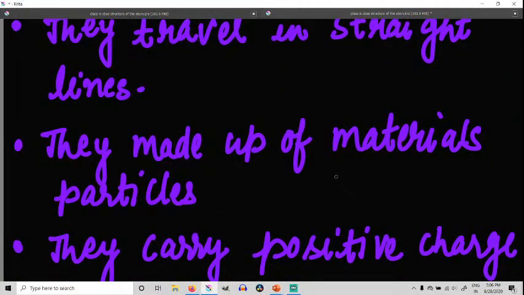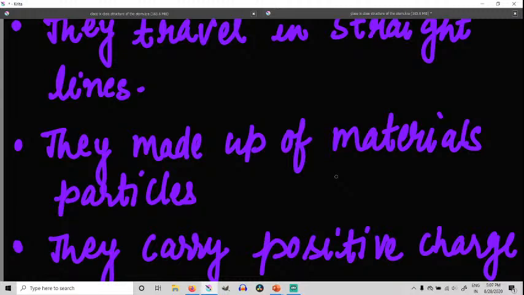Material particles. Just now ma'am, actually you said in between that they will move towards the positive plate. Maybe in the flow I must have said that, but now you should know, because we are discussing positive and negative plates, that they show deflection towards the negative plate, because the rays are coming from the anode and going towards the cathode.